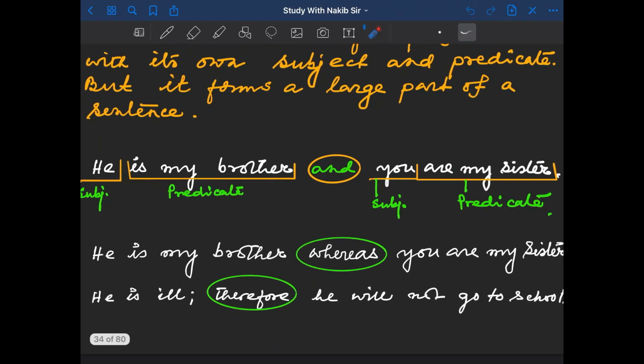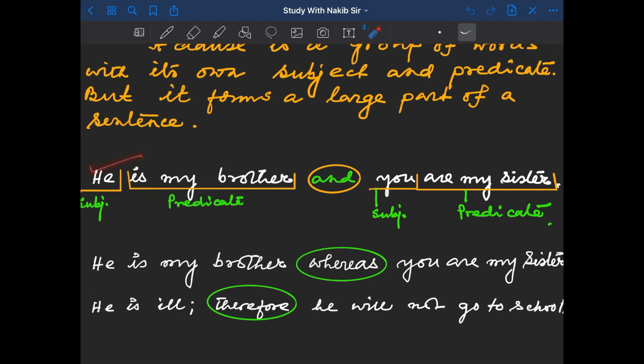Okay, the same sentence can be written this way also. He is my brother, you are my sister. See, here it is: he is my brother and you are my sister. The same thing is written in another way: he is my brother, whereas you are my sister. Okay, another one, see this type of coordinate clauses.